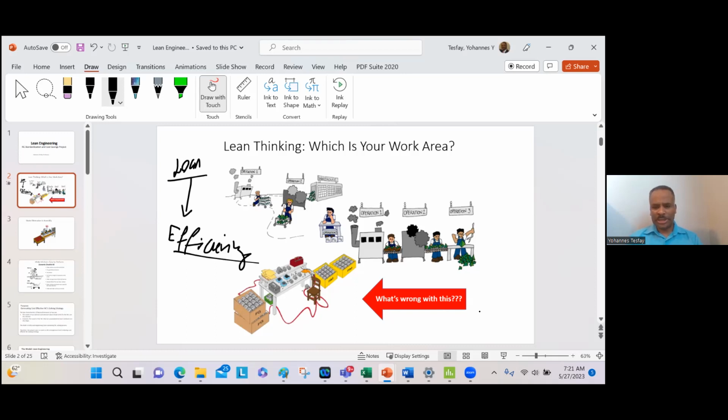So is this system efficient when you look at it? No, it's not efficient. Here there is no organization, no order, no steps. You know, all these things are a mess.